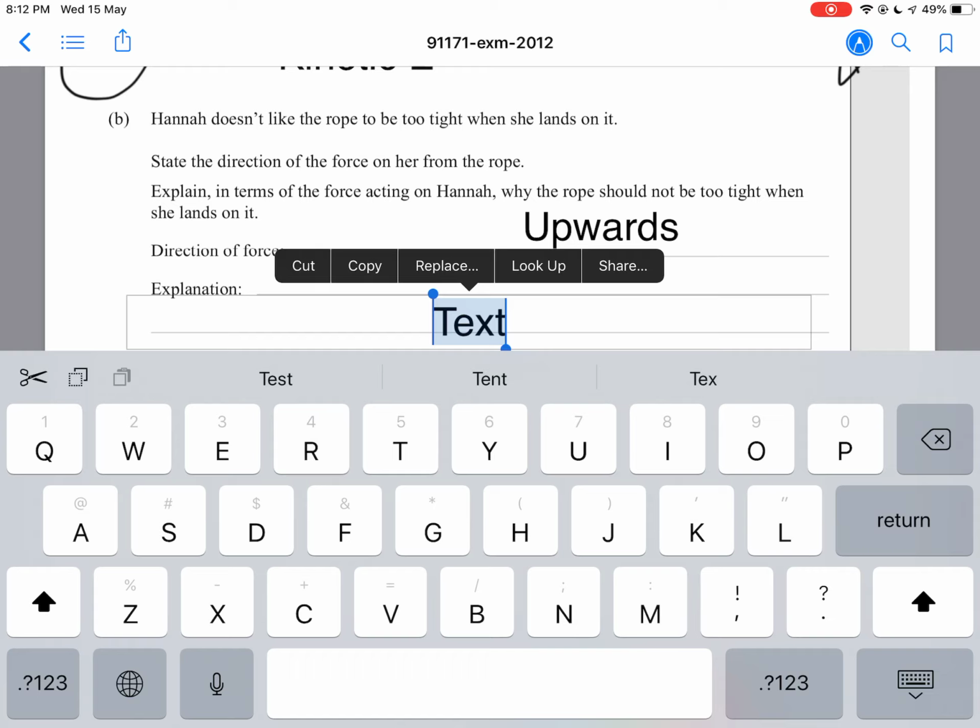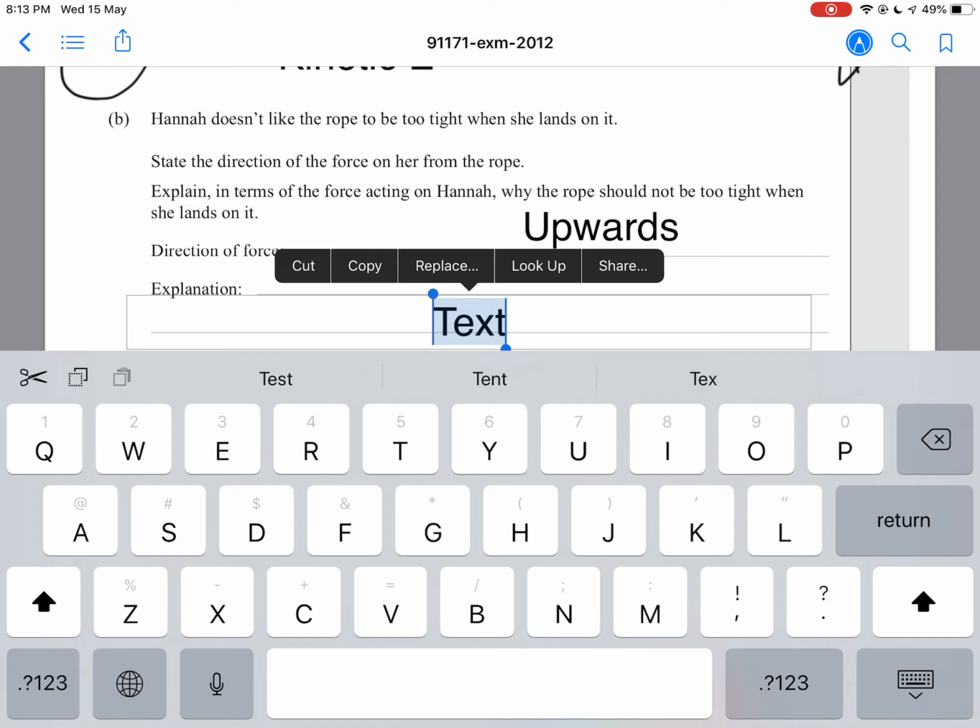Okay, in these two examples, the change in momentum doesn't change. So I'm going to be jumping up on the trampoline. I'm going to reach a specific height. Then I'm going to accelerate back down again. When I accelerate back down again, I'm going to land on the trampoline again, and that's going to have the same change in momentum. So the stiffness of the trampoline, or in this case the rope, actually doesn't affect my change in momentum.